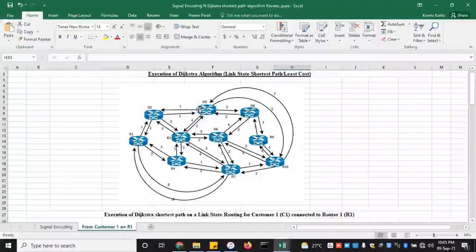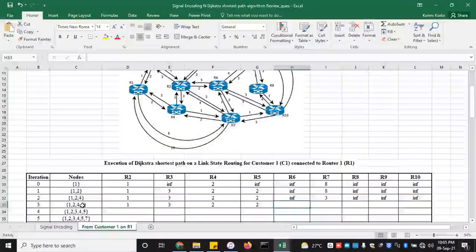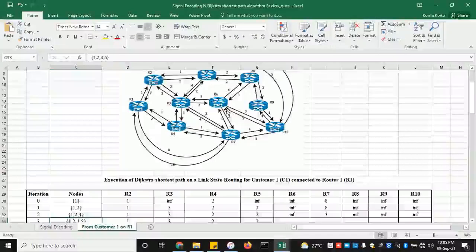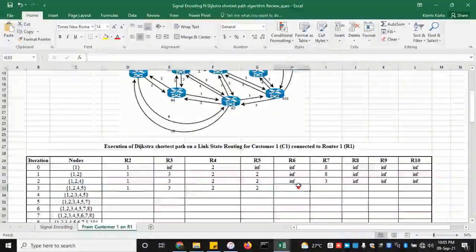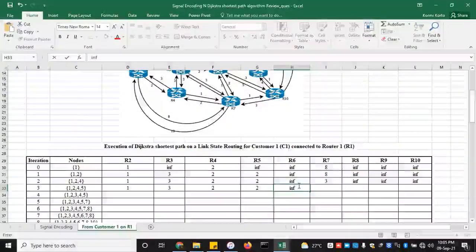And none of these 4 have a direct connection to 6. It is 3 that does have that direct connection, but we don't have 3 here yet. We've not included 3 yet, so we can't get to 6 directly. So that will still keep 6 at the infinite level.